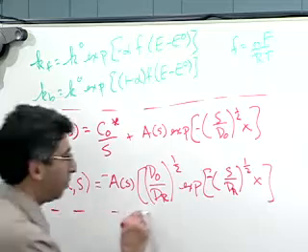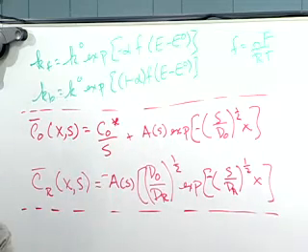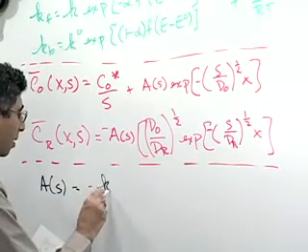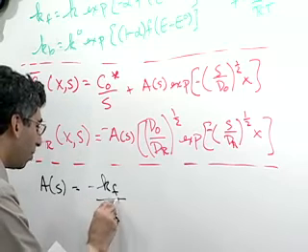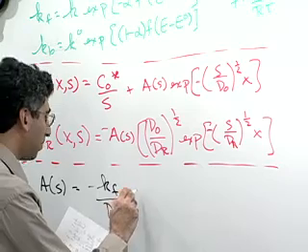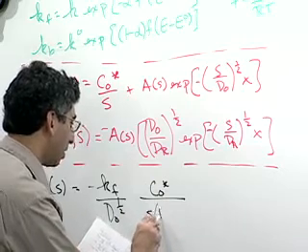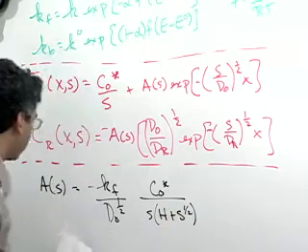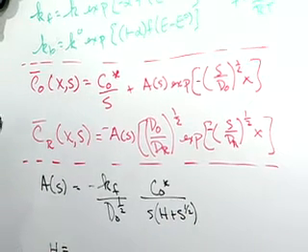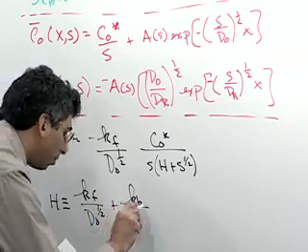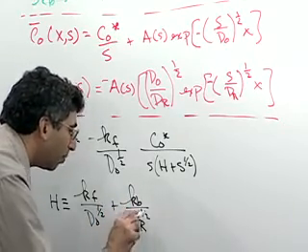So what that's going to give us, when we plug in this new boundary condition, I keep pointing to the top of the board here, but I mean both the top of the board and this section over here, is a solution for A of S, which is equal to minus K forward divided by the diffusion coefficient for the oxidized species to the 1/2 power, times the bulk concentration of the oxidized species, divided by S times H plus S to the 1/2, where H is defined as K forward divided by the diffusion coefficient to the 1/2 power plus K backwards divided by the diffusion coefficient for the reduced species to the 1/2 power.